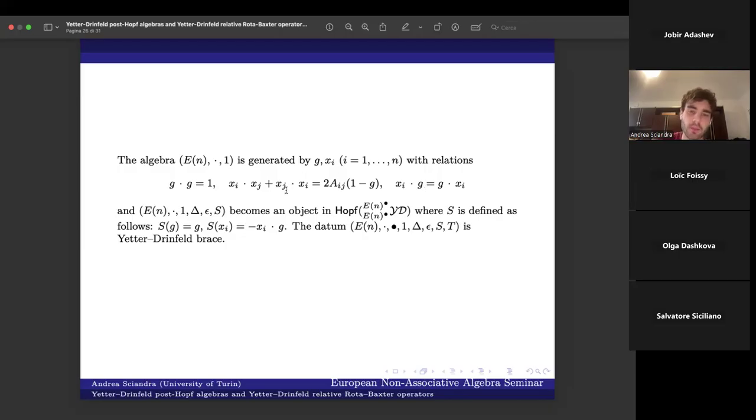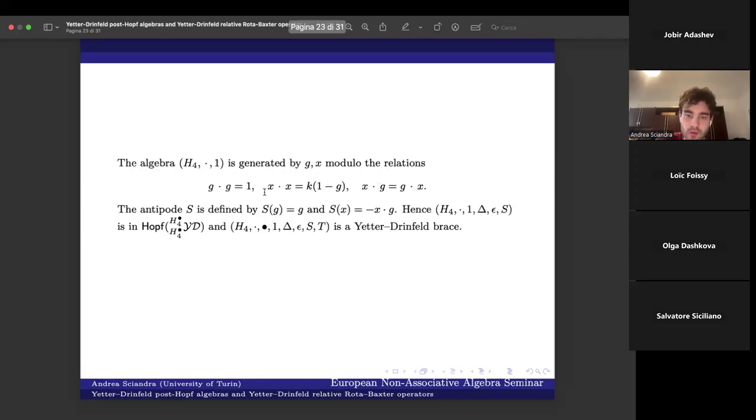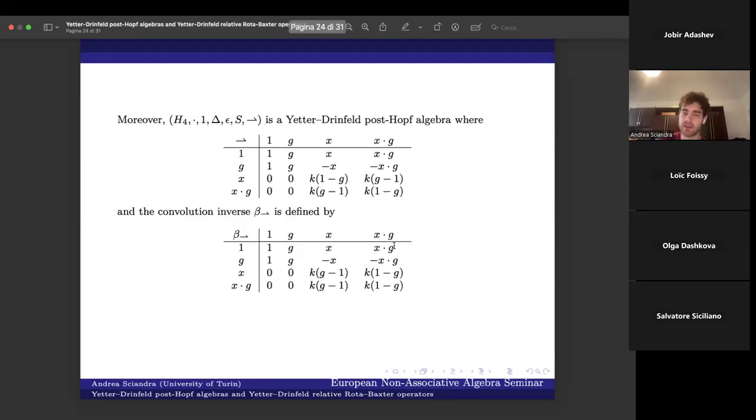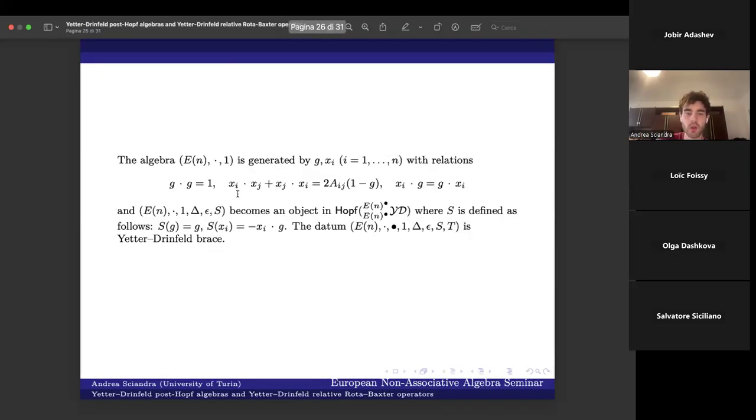And if we consider Xi with Xi, you can see that we recover exactly this relation here, Sweedler, just because the base field has characteristic different from 2, while for i and j, we have that xi dot xj is minus xj dot xi plus this guy here.